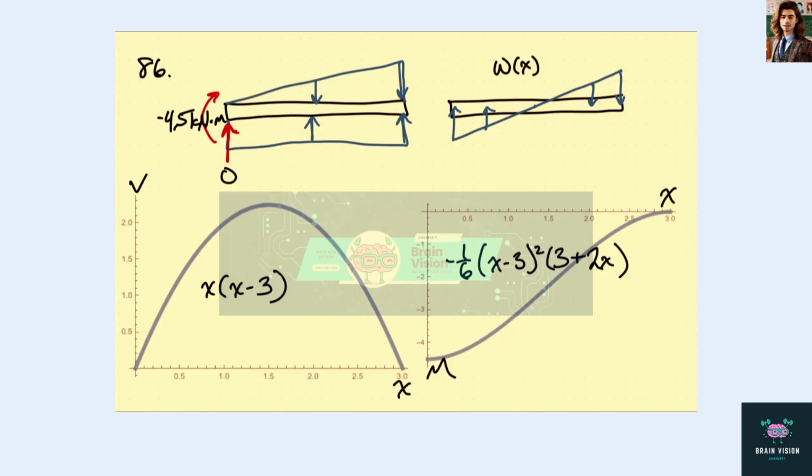W of x is going to be 3 minus 2x, because it's a positive value of 3 here and a negative value of 3 here, 0 in the middle at x equals 1.5 meters. So if we just look at this, we can then get our shear.